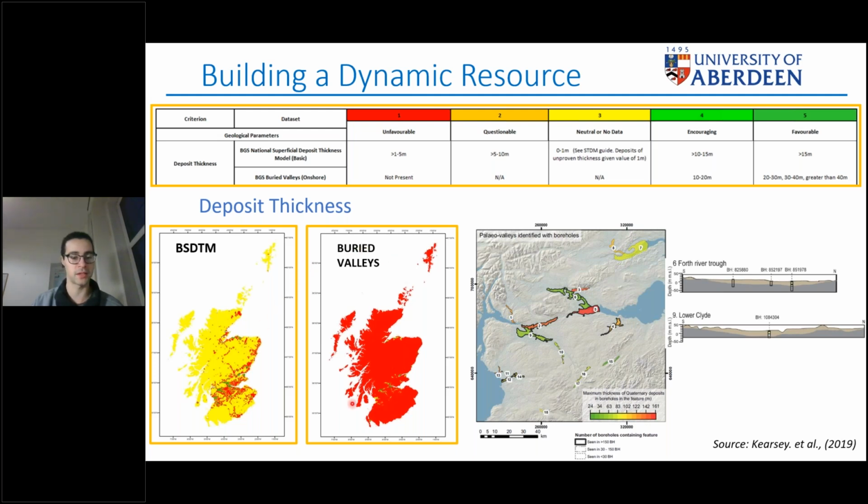So on this other data set we've used to represent thickness is the buried valleys data set, or paleo valleys. A paleo valley is basically an ancient river or ice valley that has been filled with glacial or other unconsolidated sediment. In Scotland, that is pretty much all glaciogenic or fluvially reworked glaciogenic material.